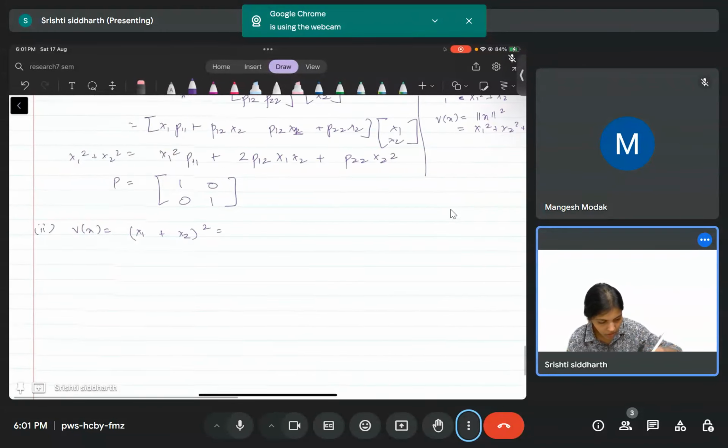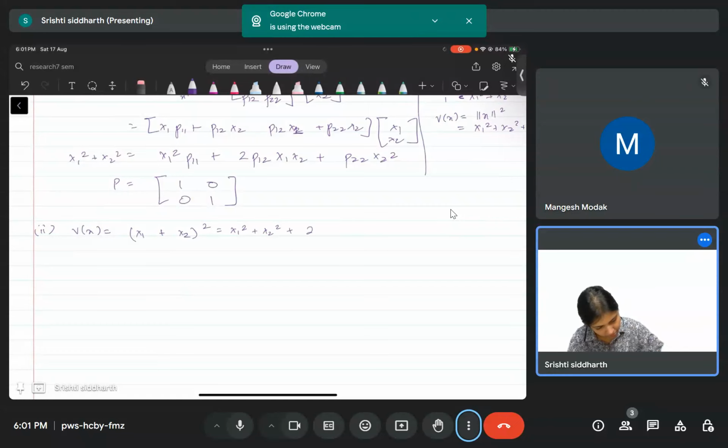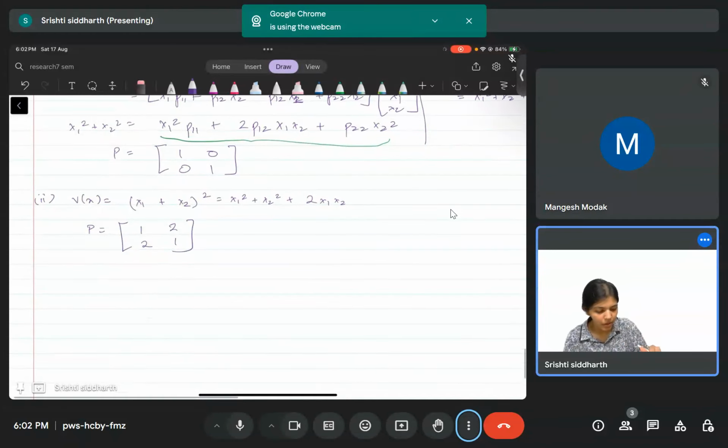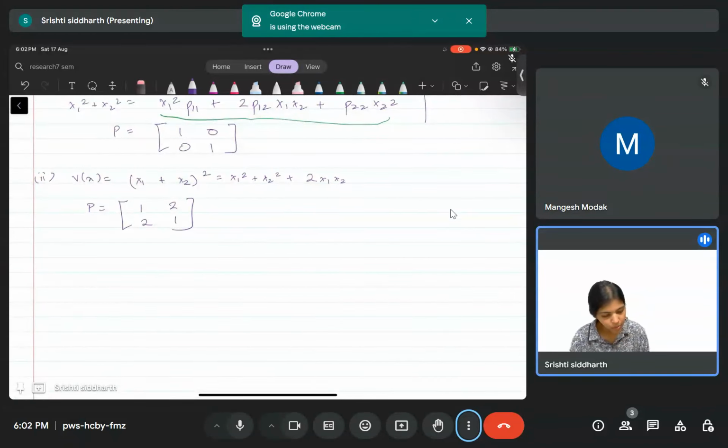This is going to be x1 squared plus x2 squared plus so we have this matrix. Alright, so is this positive definite or semi-definite?